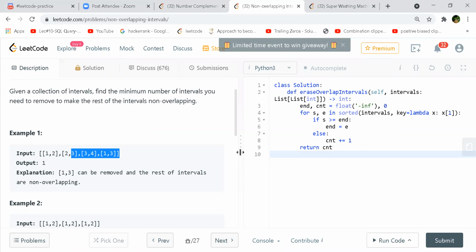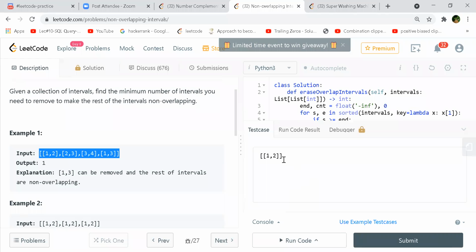You are sorting on the basis of end, because it is potentially having a larger spread. I'm just trying to throw a case where this might fail. I'm not sure.